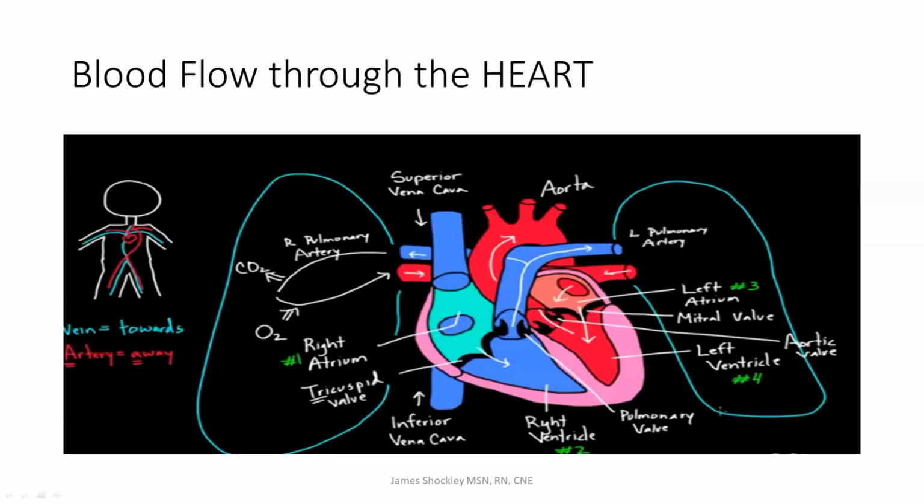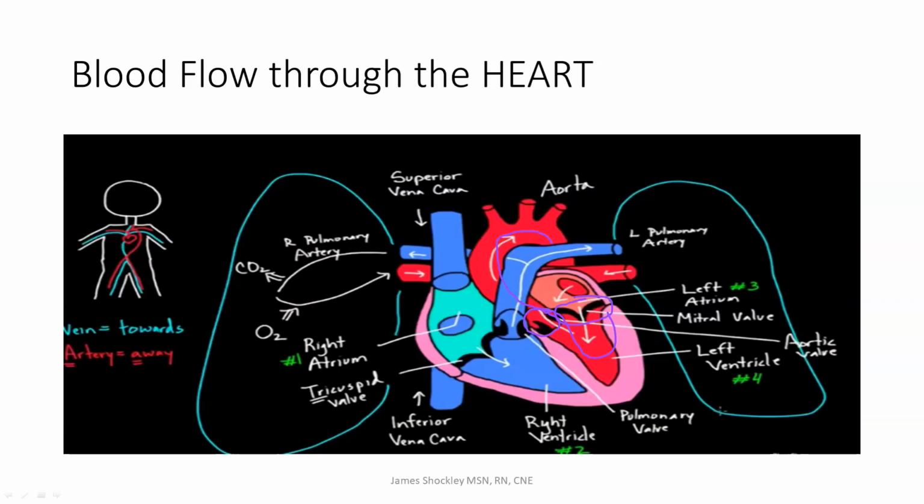And I have the aortic valve. That would be highlighted in purple there, pretty close to the mitral valve. So if I have issues where I have structural changes, if I have stenosis, if I have incompetent valves, what's going to happen is when that left ventricle goes to push this blood out of your heart, out of the left ventricle, and into systemic circulation, you're going to have changes in how much cardiac output this client is able to maintain.